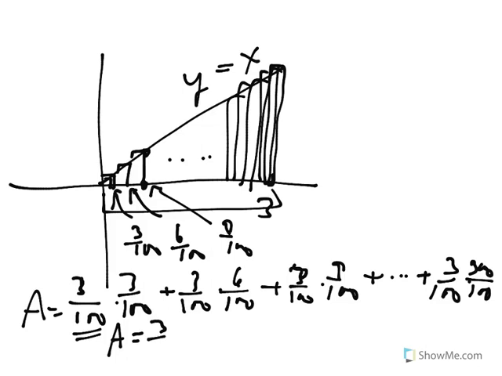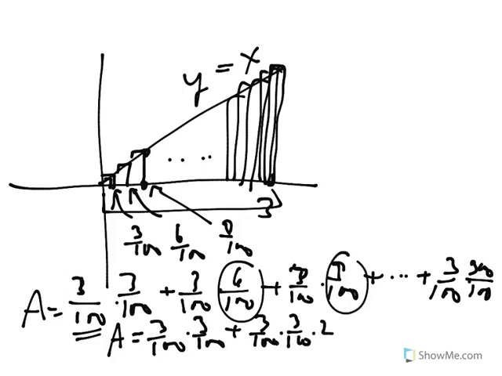Now I'm going to do one more step, the next step. I'm going to rewrite this 6 over 100 as 3 over 100 times 2. And I'm going to write this 9 over 100 as 3 over 100 times 3.